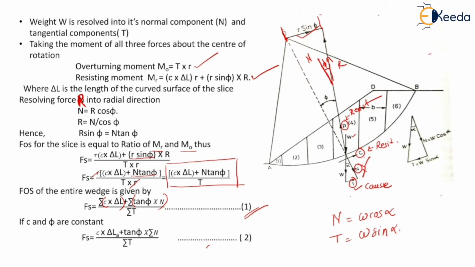That's why the factor of safety will be equal to C into summation of delta L, which will be called La, the length of the entire slip surface, or we can say the length of the arc, plus tan phi, which is constant, into summation of N, divided by summation of T. We will name this equation 2. So this is the formula to determine the factor of safety of the entire wedge. Here we can replace N as W cos alpha and T as W sin alpha.